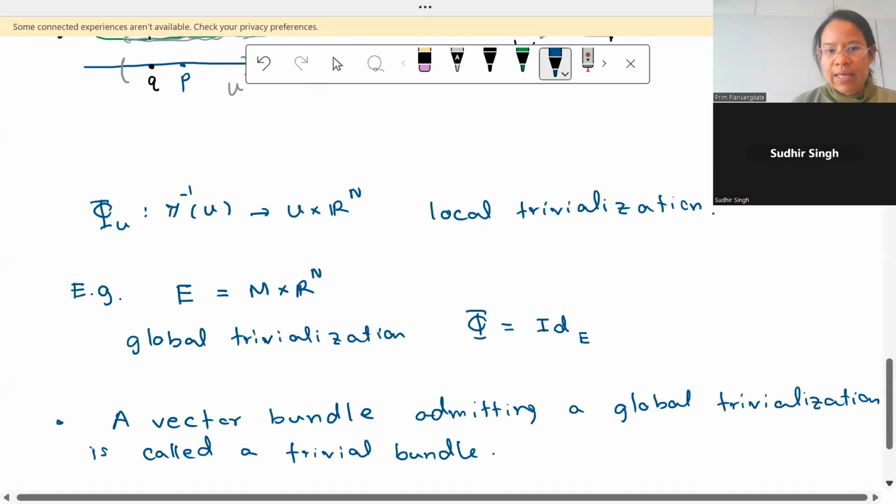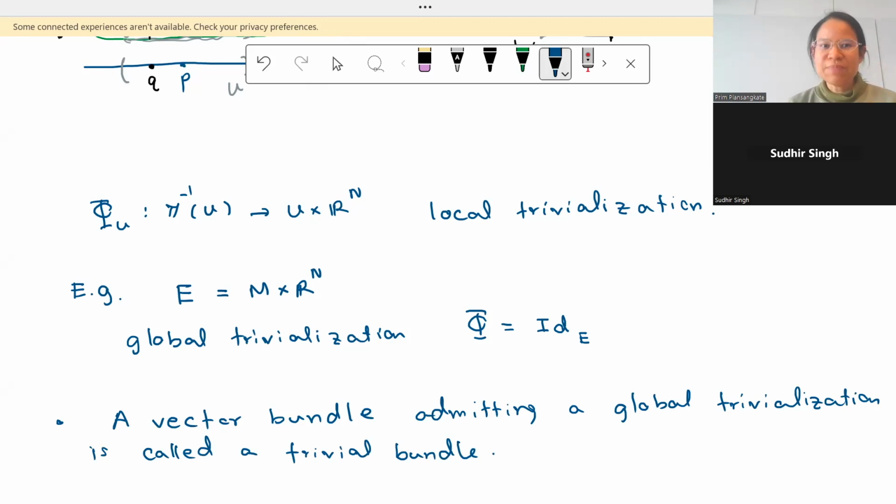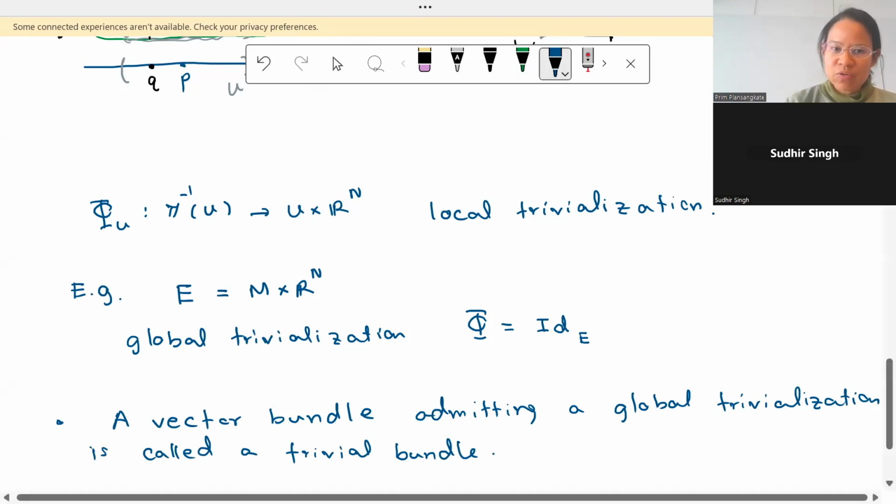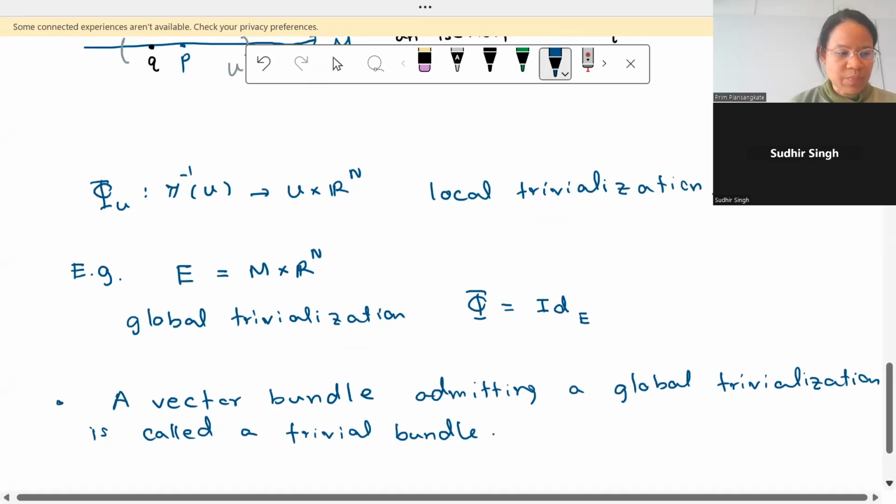So this is the simplest case: you have a global trivialization, then we say the bundle is trivial.